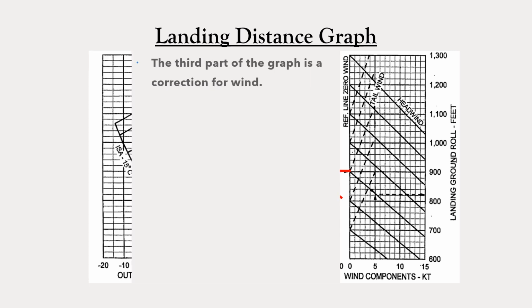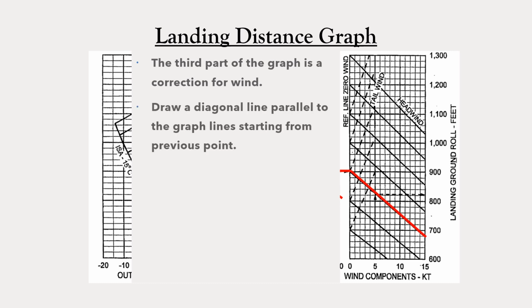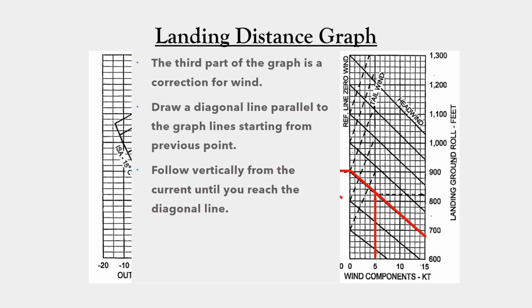The third part of the graph is where we will correct for the amount of wind. So this is a similar method. We'll draw a diagonal line starting from our previous point, parallel to the lines in the graph. We'll find our current headwind or tailwind component.